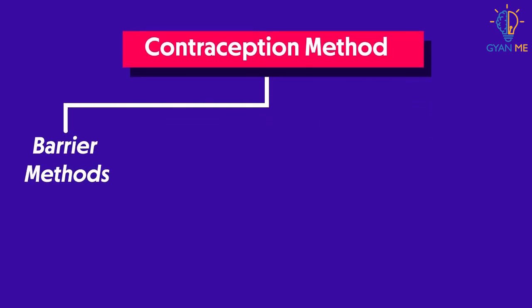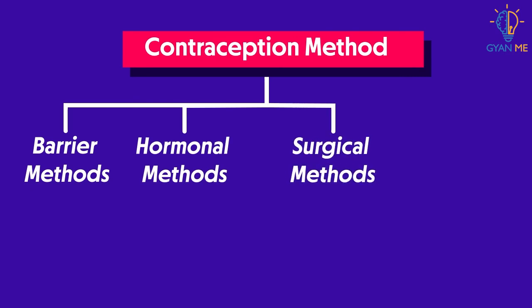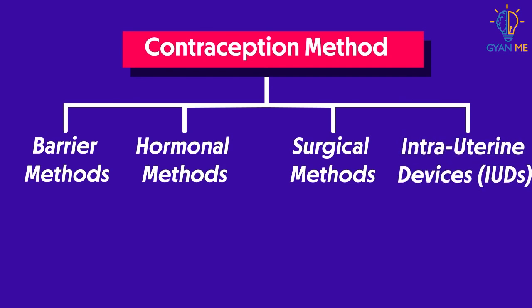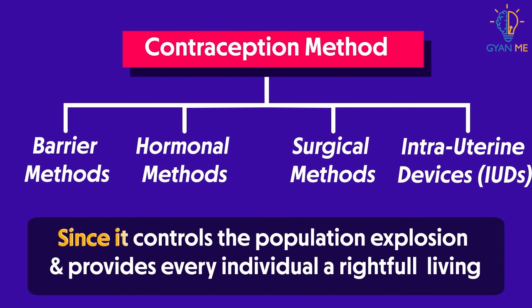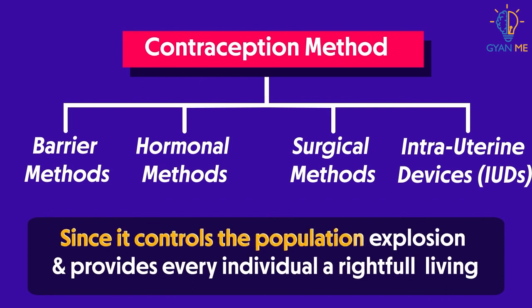Primarily, there are barrier methods, hormonal methods, surgical methods, or it can also be done by using IUDs. This is very important since it controls the population explosion and provides every individual a rightful living.